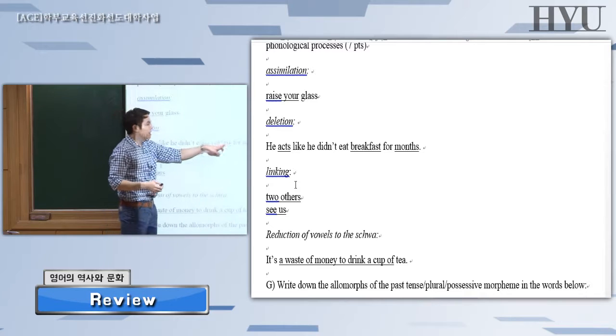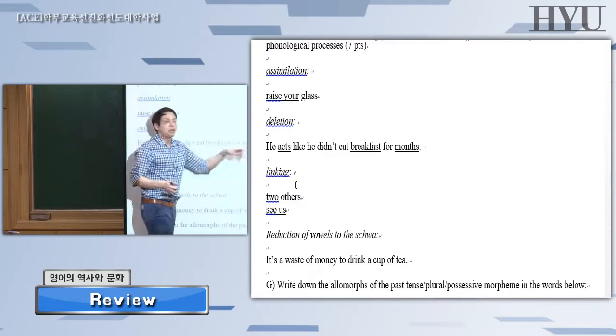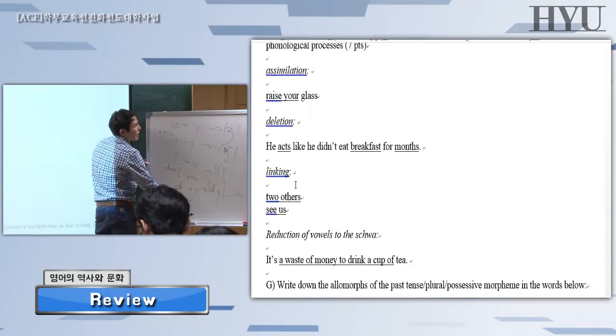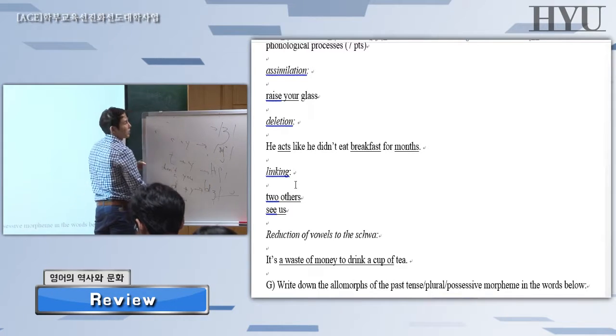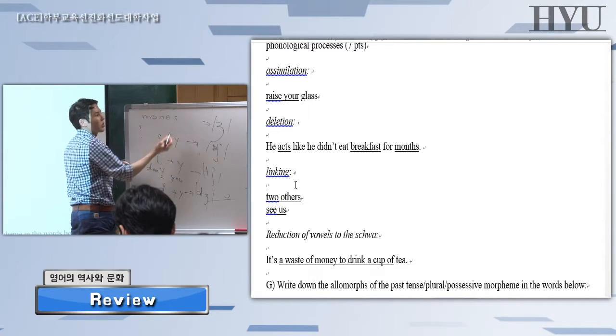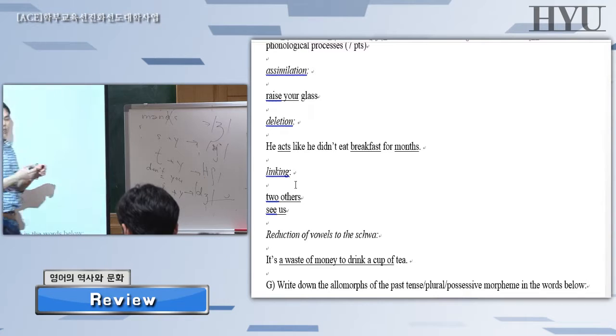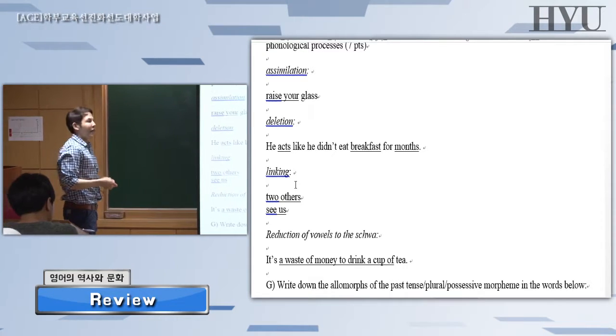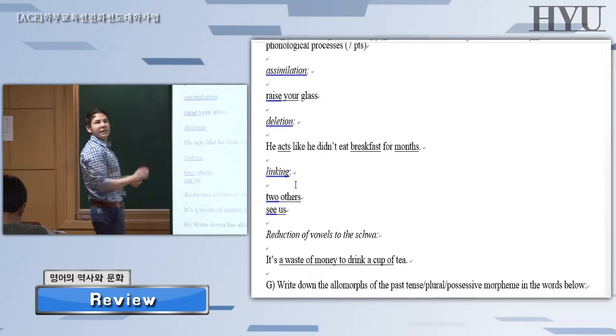So breakfast for months, right? Months, we have M, and then the TH and S, right? So month, like this. So we tend to delete the TH. So breakfast for months, like that. Okay, from months. Only the S. Okay.